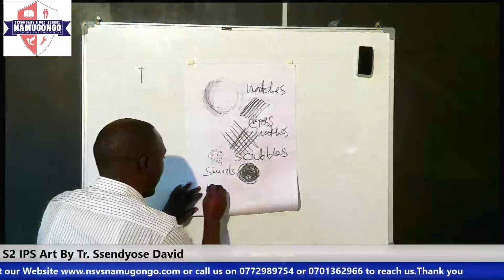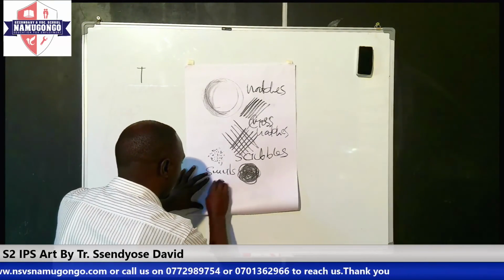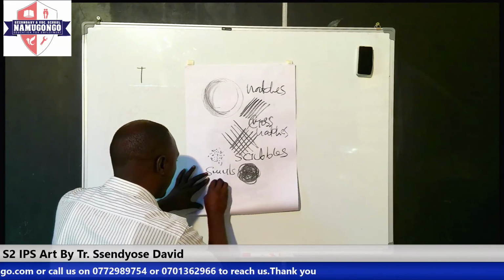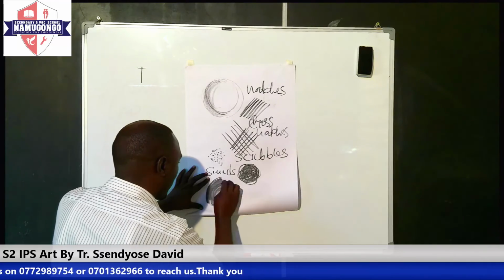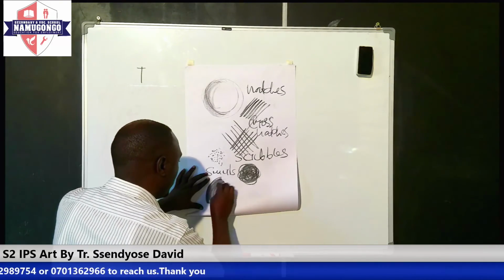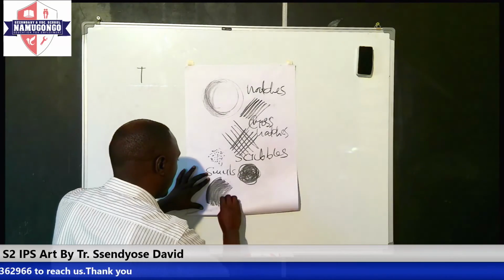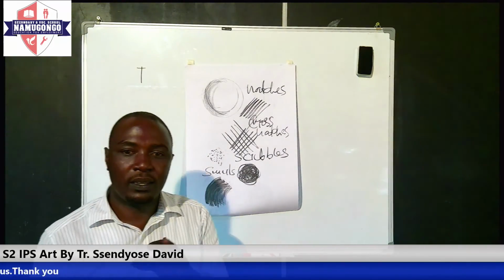Let me try to demonstrate it here. You're supposed to rub that drawing tool on a piece of paper. So this is how you're supposed to use that blending technique.